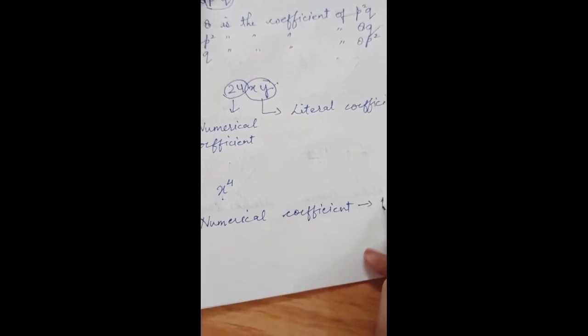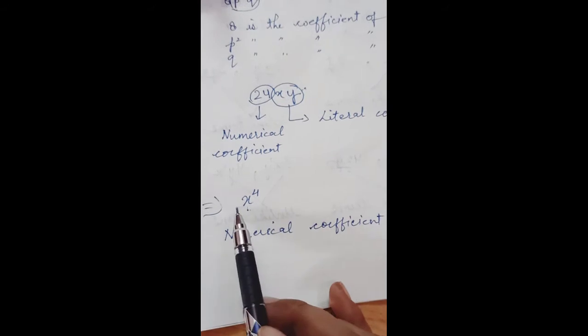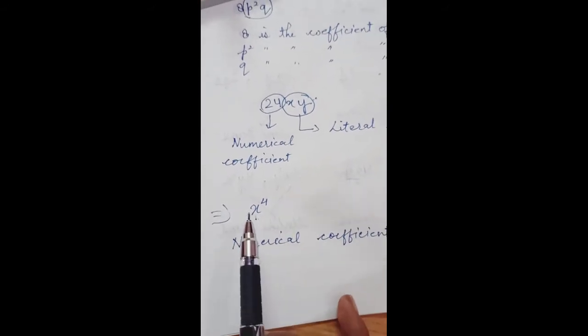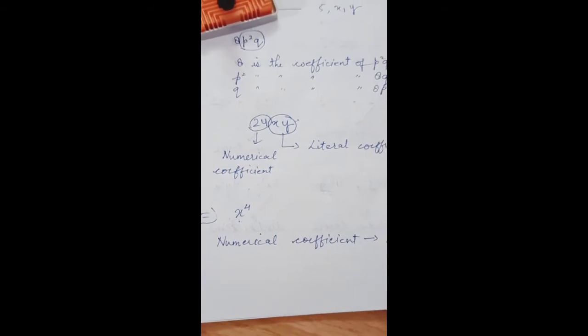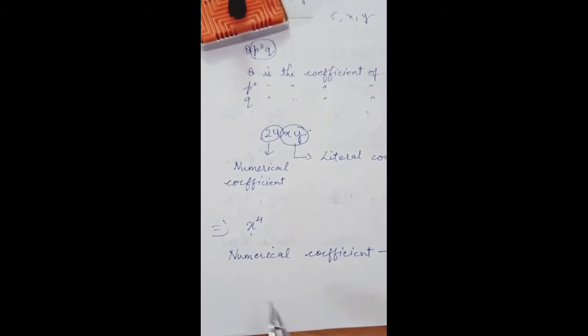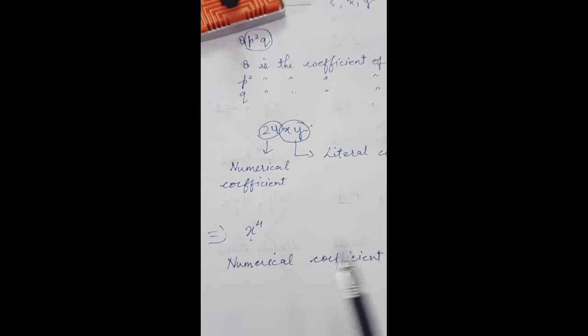Here the numerical coefficient is 1, because we don't have any numerical value written, so it means we have 1 here. The literal coefficient is x to the power 4. This term contains only the variable part, which means it has a numerical coefficient of 1.